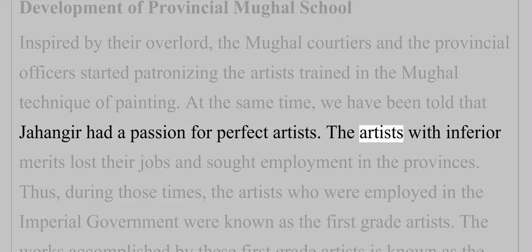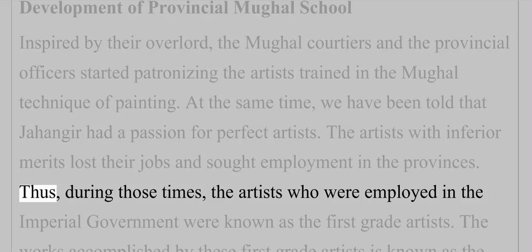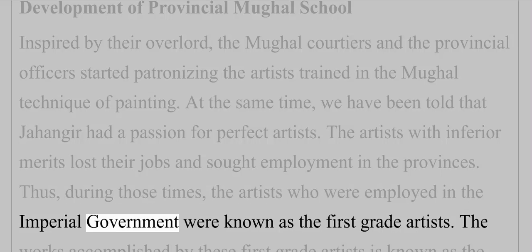The artists with inferior merits lost their jobs and sought employment in the provinces. Thus, during those times, the artists who were employed in the imperial government were known as the first-grade artists.